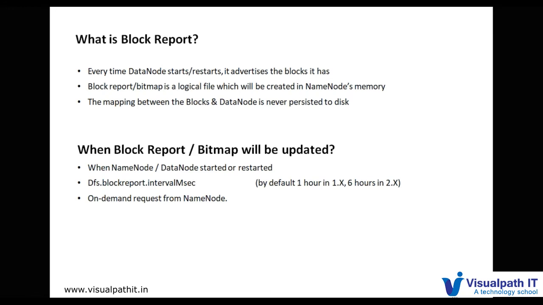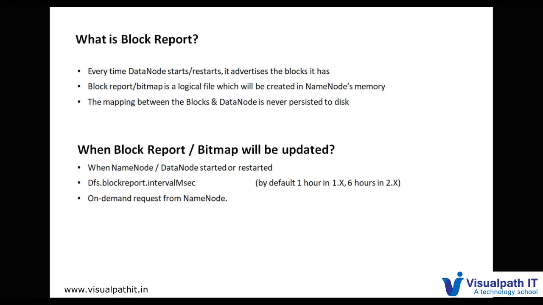The block report bitmap is a logical file created in name node memory, and the mapping between blocks and data nodes is never persisted to the disk. When a block report arrives, the bitmap will be updated. So in Hadoop, whenever you start or restart the name node and data node, the block report is sent from the data node to the name node.